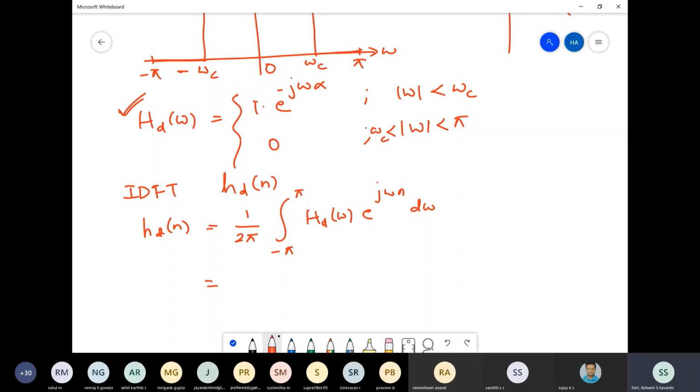Let's substitute the value of HD of omega first. It is non-zero in the interval minus omega c to plus omega c, and the value is e to the power minus j omega alpha. Then we have e power j omega n d omega.